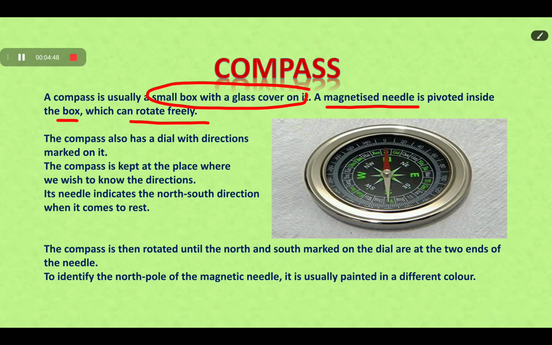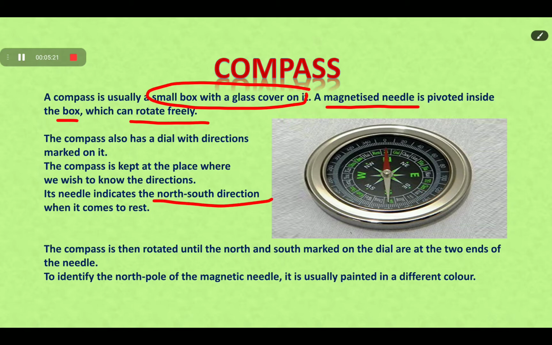The compass has a dial with the directions marked on it. This compass is used to know the direction at a place where we want to find it. Since it is a magnetized needle, the needle always aligns itself, or comes to rest, in the north-south direction.